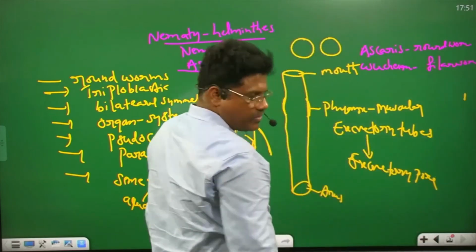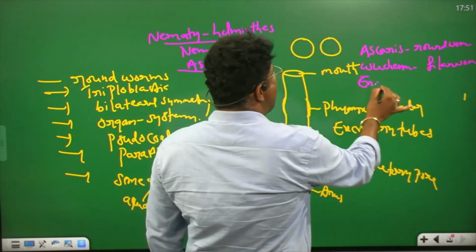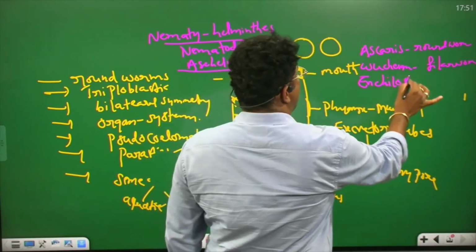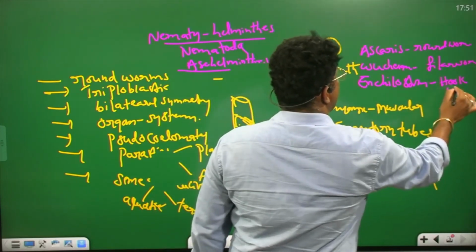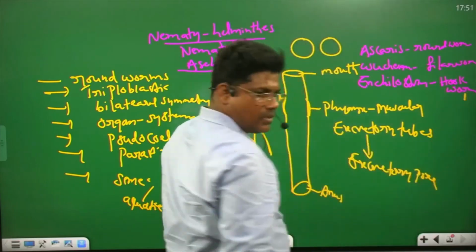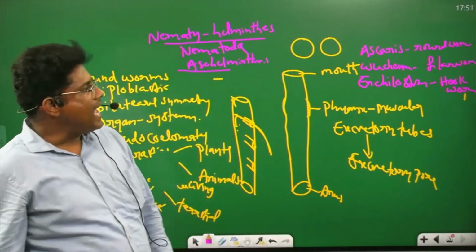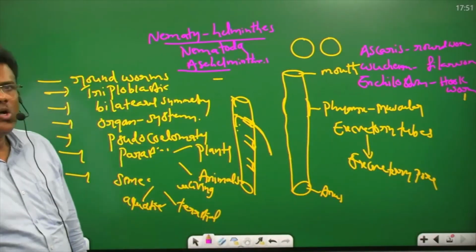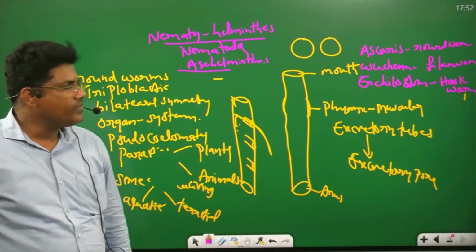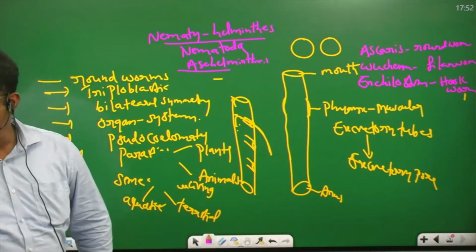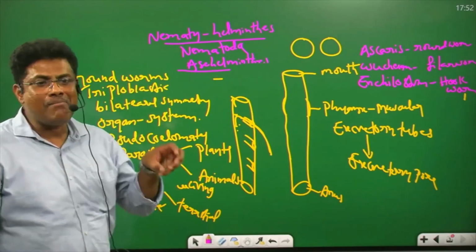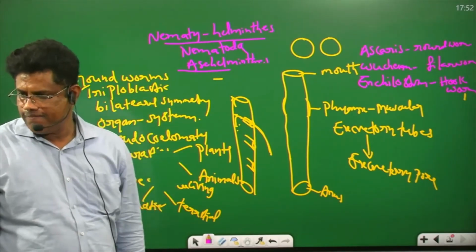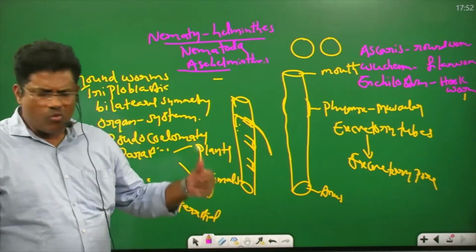Ancylostoma is known as hookworm. These are the examples. Ascaris is roundworm, Wuchereria is filaria worm, and Ancylostoma is known as hookworm. This is the nematoda, nematohelminthes characters. Only for NEET.